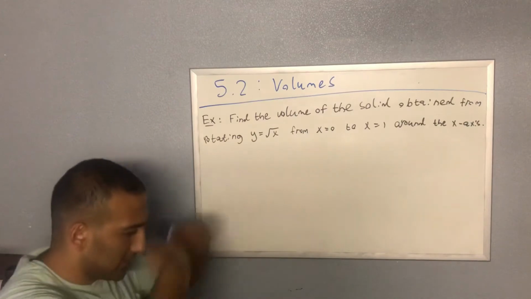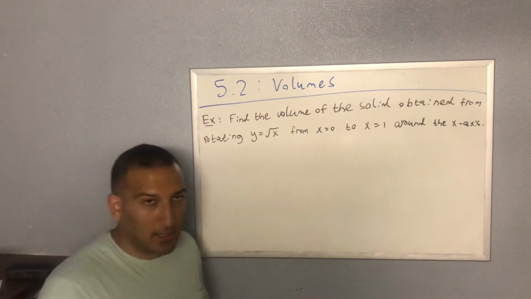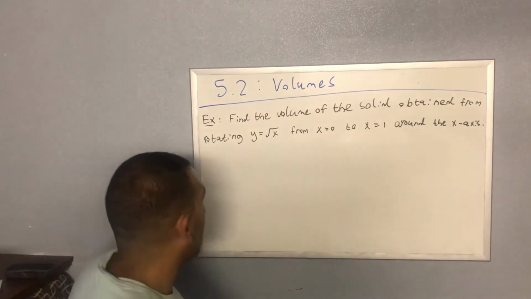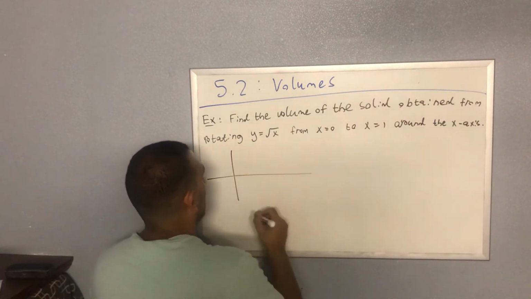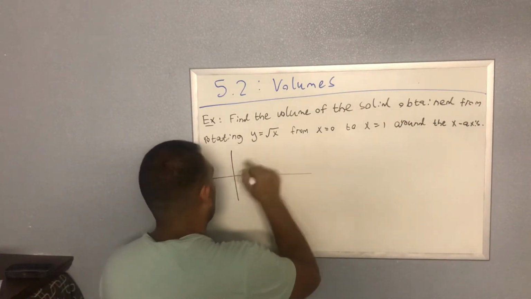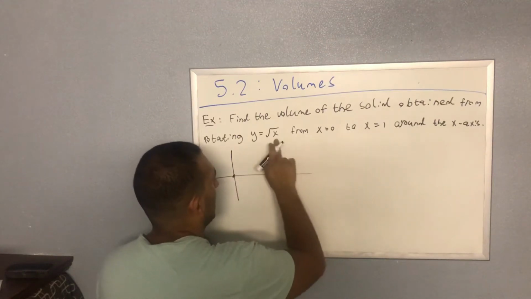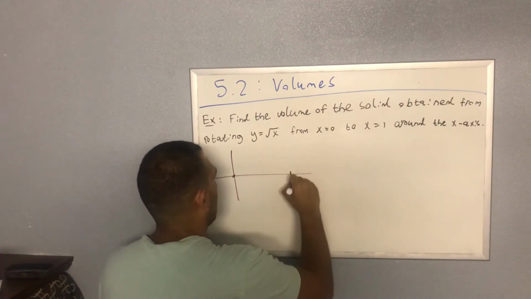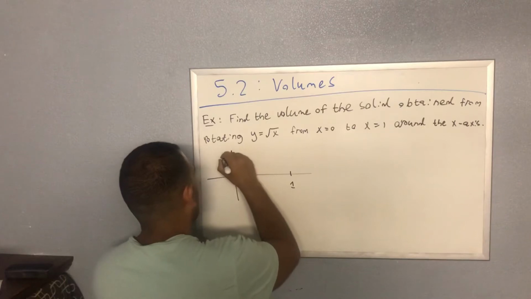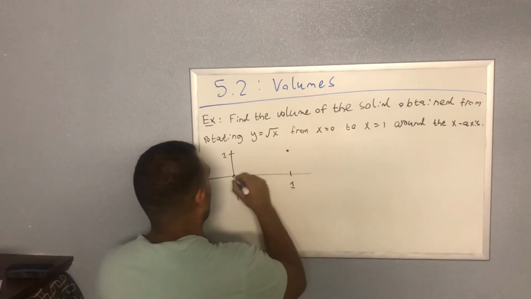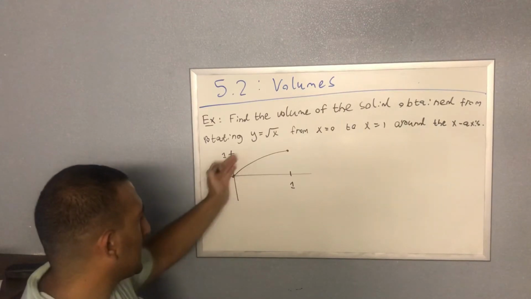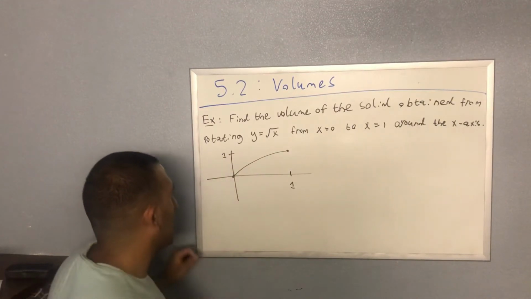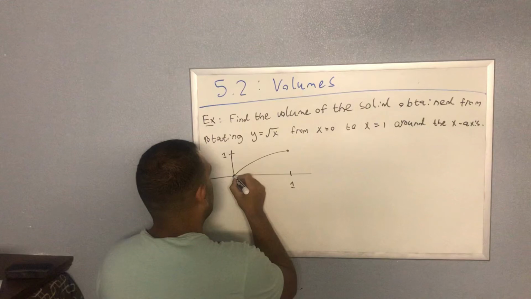So we're going to rotate this around the x-axis to get, you'll see, it kind of looks like a bowl. The square root of 0 is 0, so I have a dot here. Then if you stick 1, the square root of 1 is 1. So this goes to 1. And the square root kind of is like this little arc thing here. So we're going to take this guy and rotate it around the x-axis.